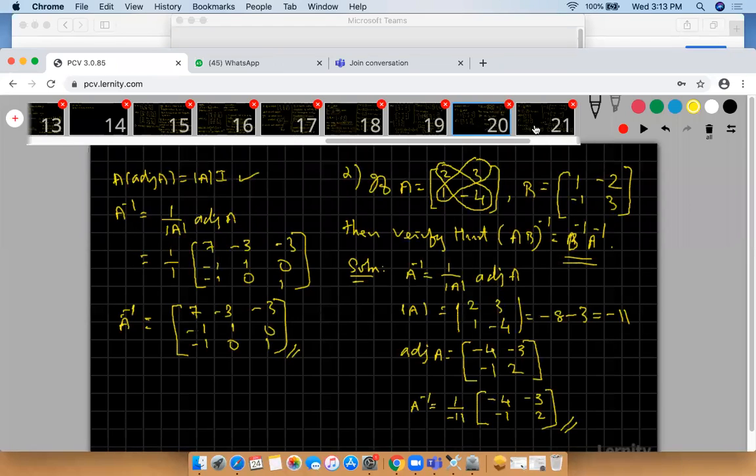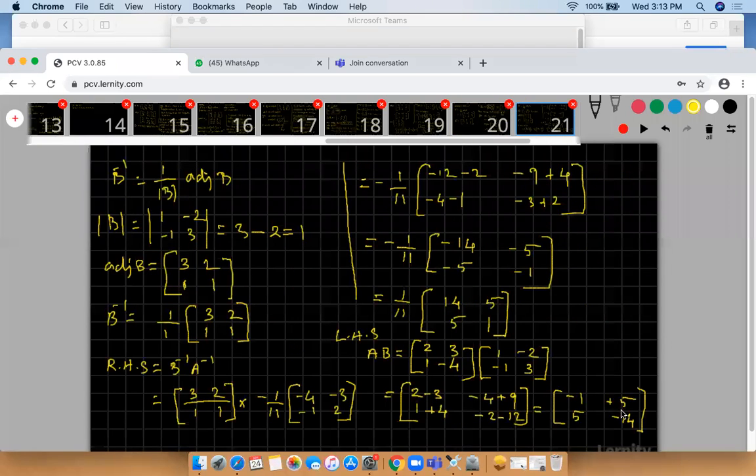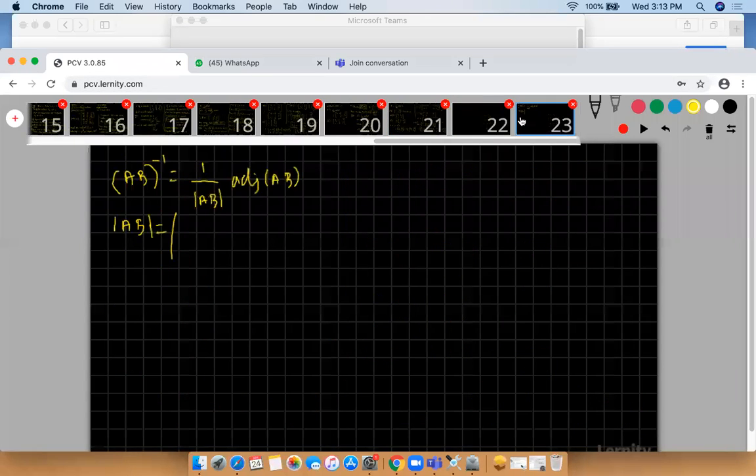here my AB is minus 1, 5, 5, minus 14. What is the answer? This is 14 plus 14, this is plus 25, minus, therefore we will minus.